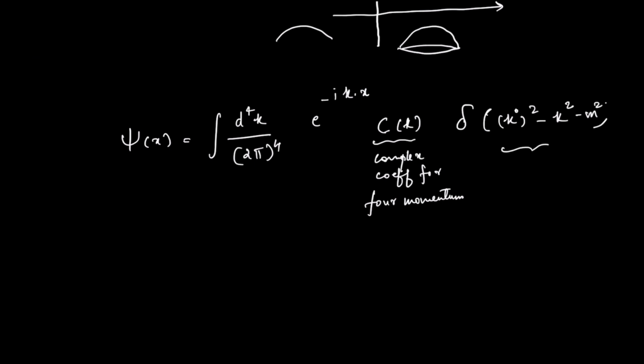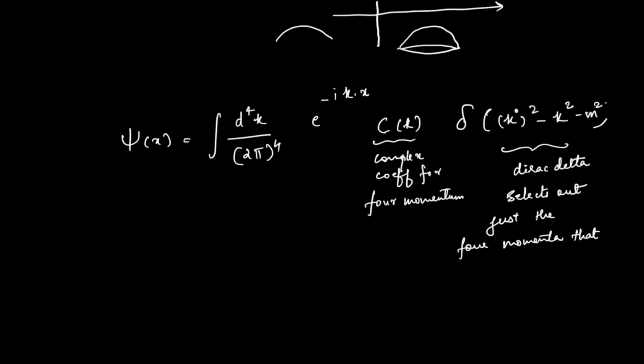This Dirac delta selects out just the 4 momenta that are on shell.